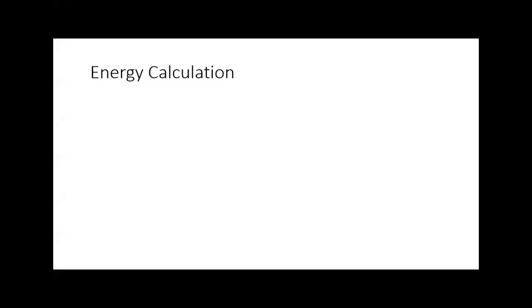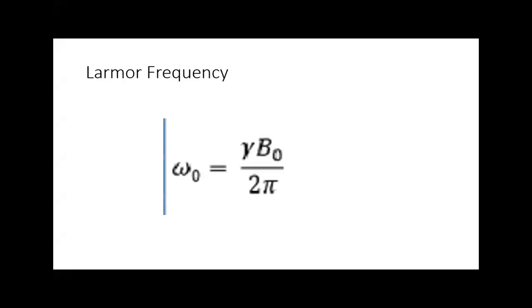We can cancel the h on both sides. That is called the Larmor frequency or precession frequency. Basically, we compare the Larmor frequency in our NMR spectroscopy, and from there we analyze the atomic structure.